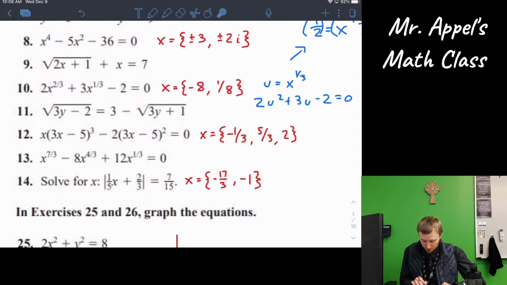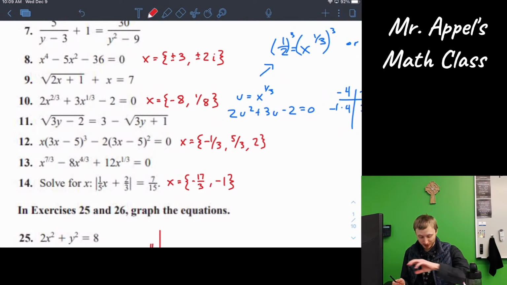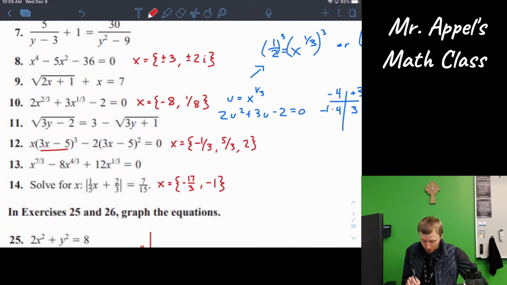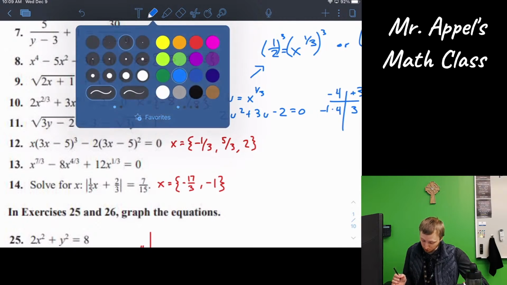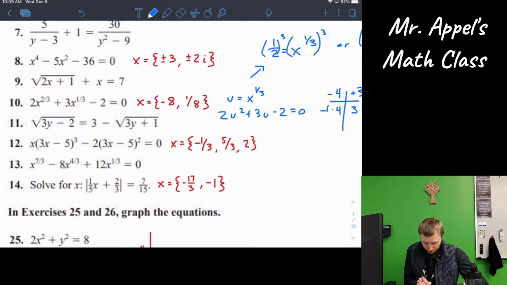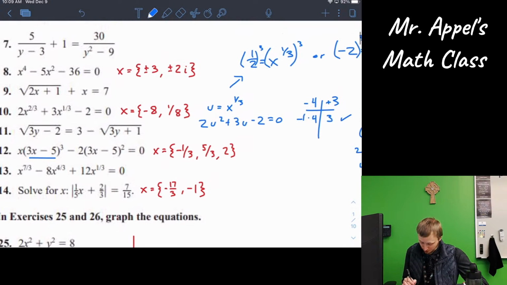All right, x times something cubed minus 2 times that same something also squared. Okay, we've got repeats there, very good. So I would start by factoring that guy, right? Treat this as one unit. Let me switch to blue here. And you can factor that out, and we can say we've got a 3x minus 5, I can factor 2 of those out, squared, times whatever's left.